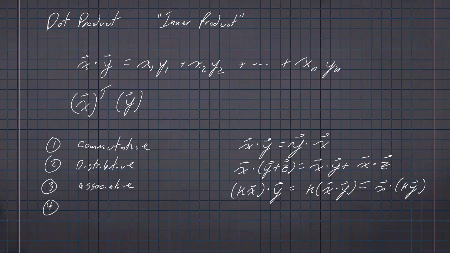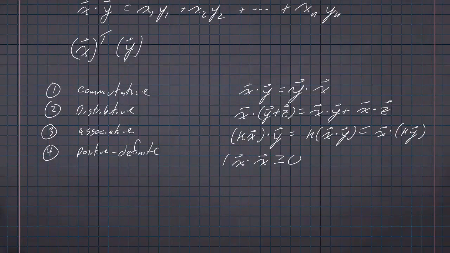And finally, we have the positive definite property, which says that if I take a vector x and dot it with itself, I get something which is positive or 0.